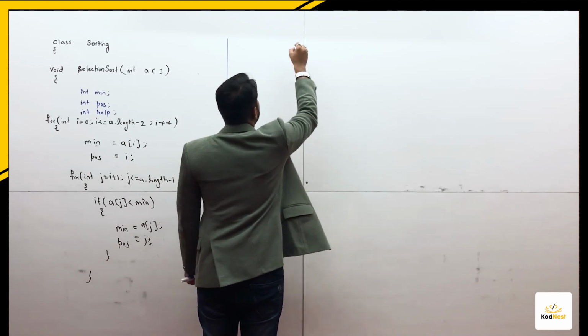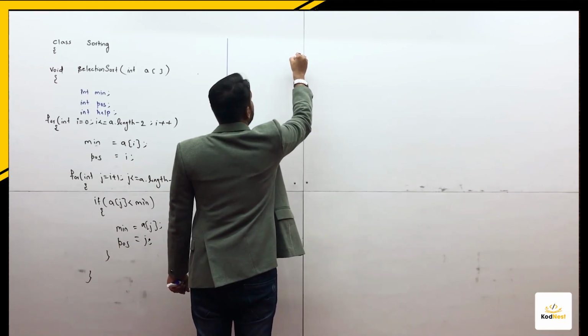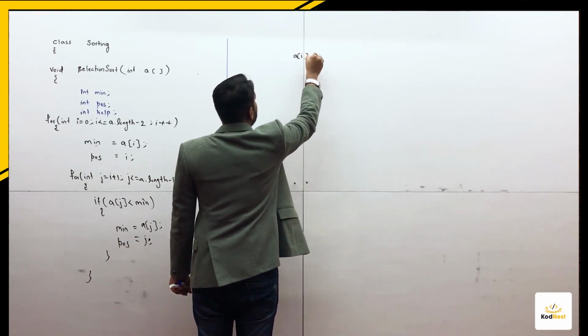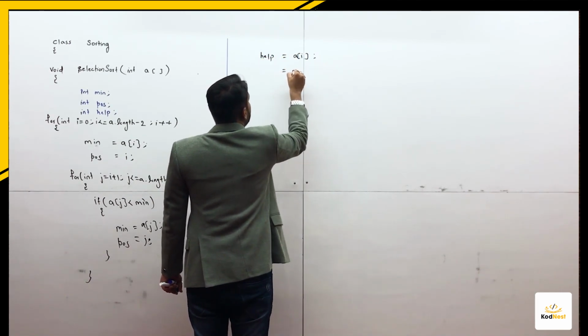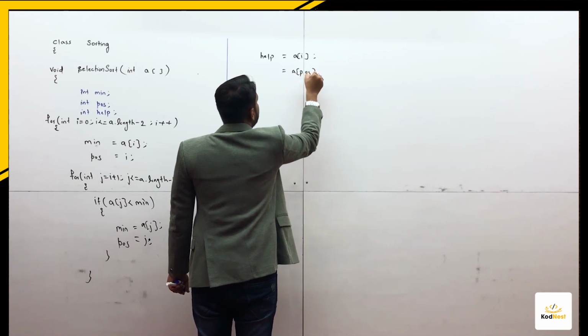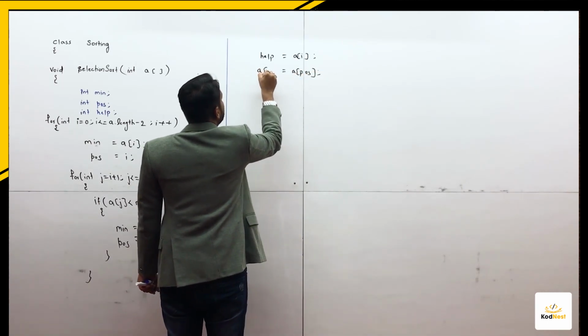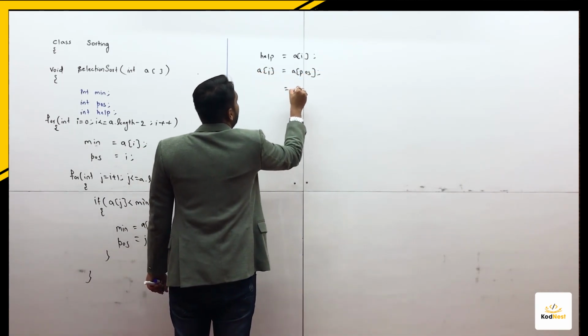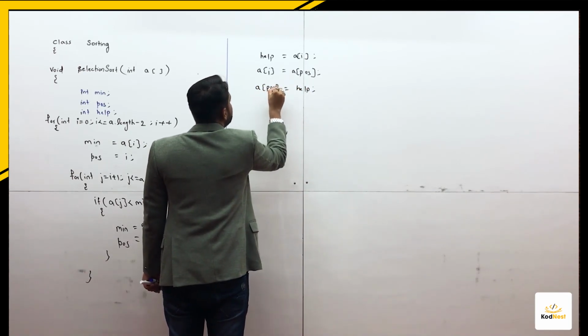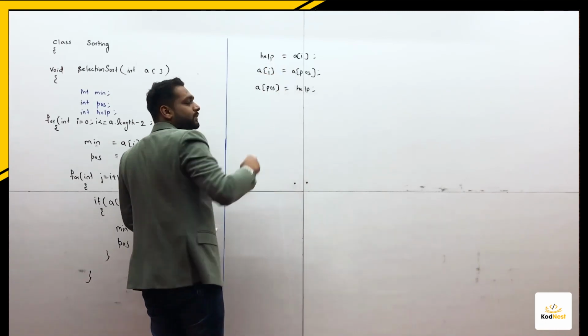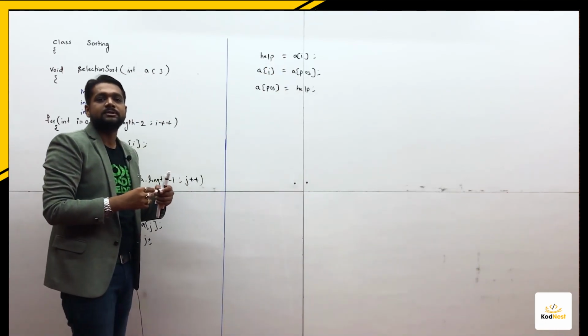I have to swap array of i and array of position. So whatever is there in the first memory location, I would give it to the helping memory location. Whatever is there in the second memory location, I will give it to the first memory location. Whatever is there in the helping memory location, I would give it to the second memory location. This is how you swap the contents of two memory locations.